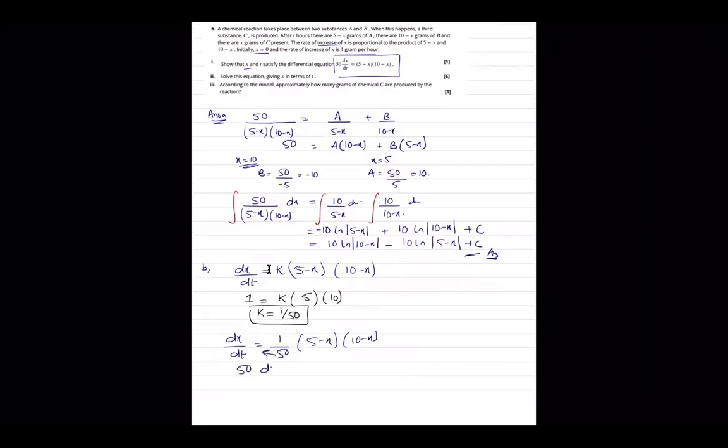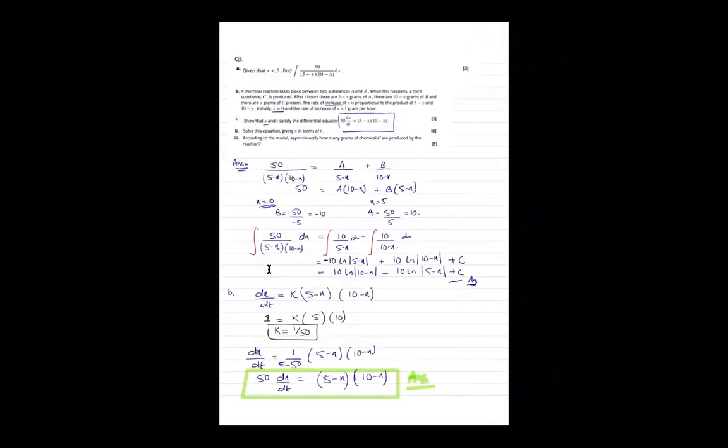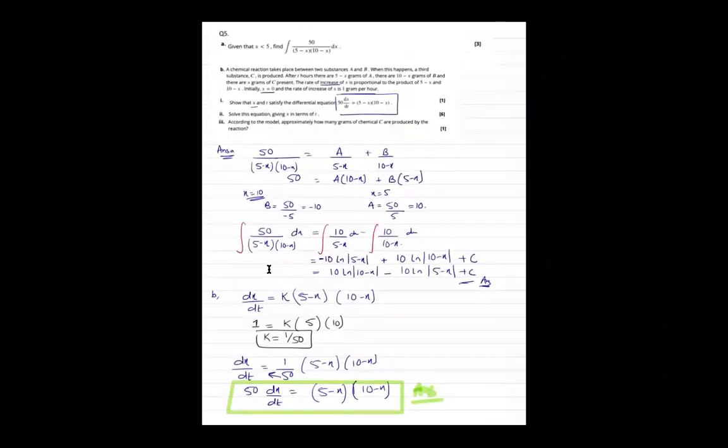So 50 dx by dt equals 5 minus x times 10 minus x. That is the answer for the first part. Am I correct? Do you get it till here? Yes, sir. This was a 1 mark question. Solve this equation giving x in terms of t.